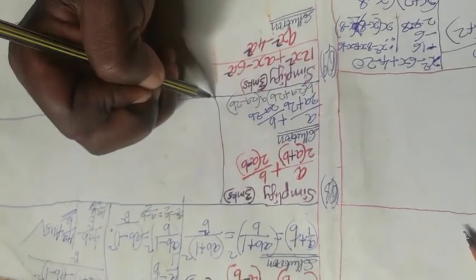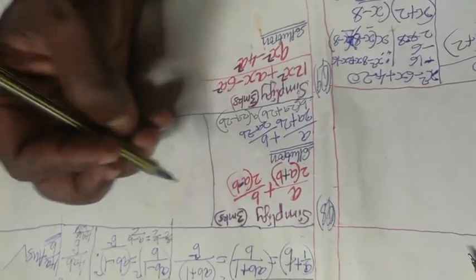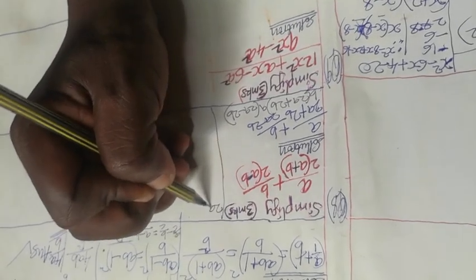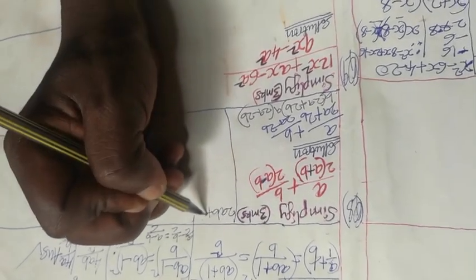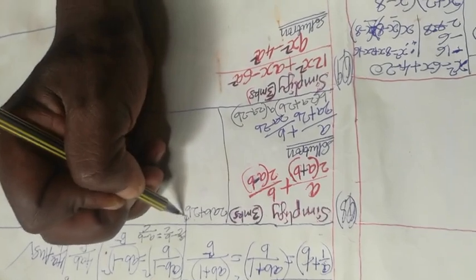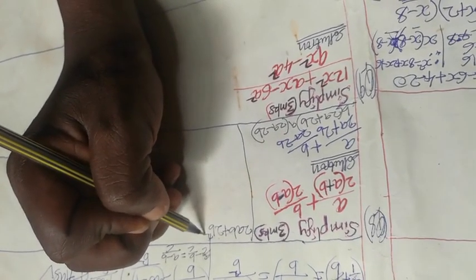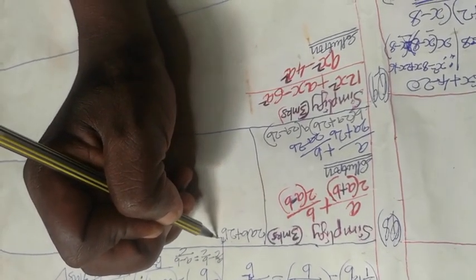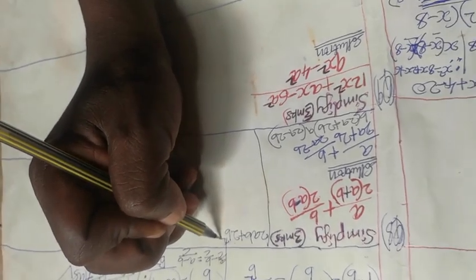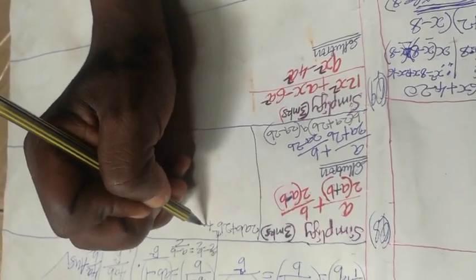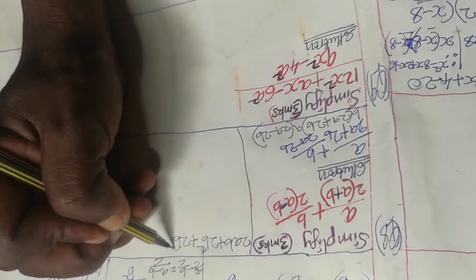Then we say 2ab plus 2b squared, plus 2a squared, minus 2ab.